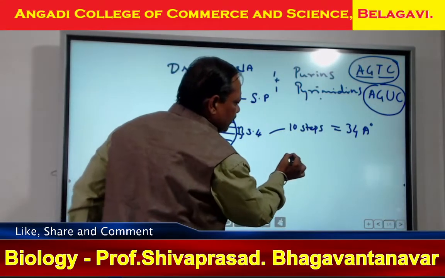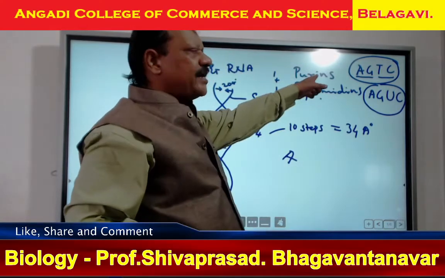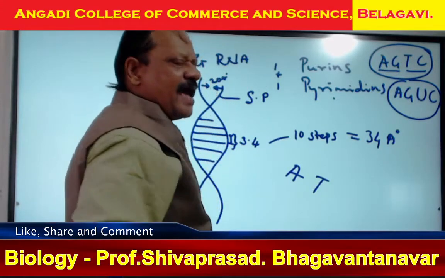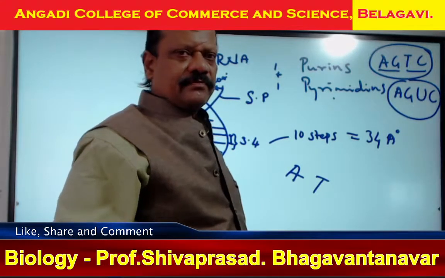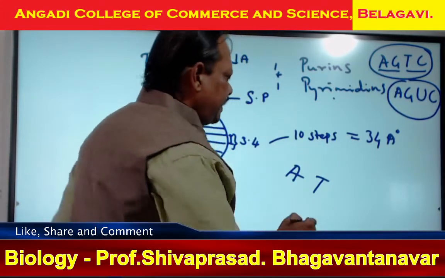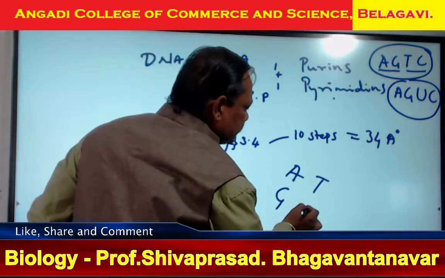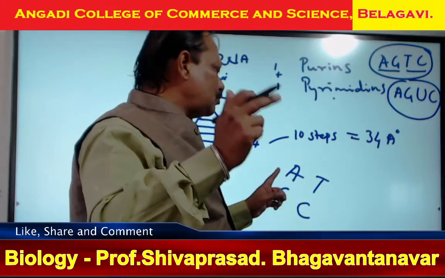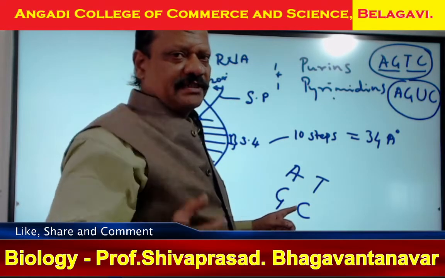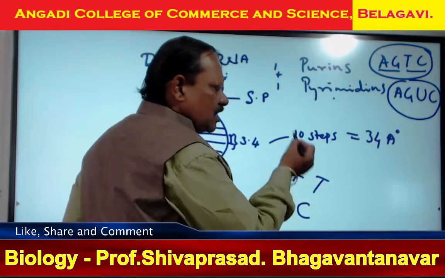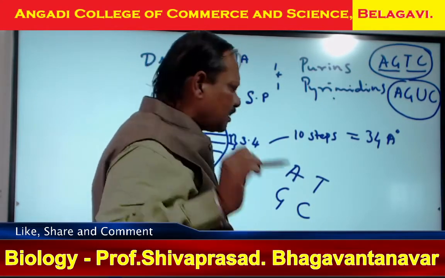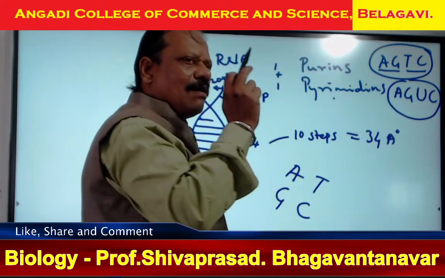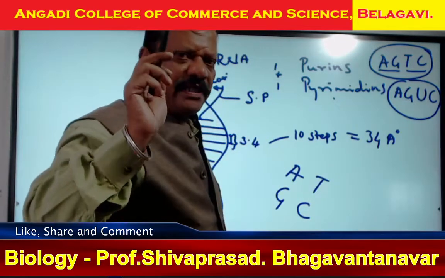In this case, A is a purine, T is a pyrimidine, so A has to combine with T. Then G is a purine and C is a pyrimidine, so G has to combine with C, or C with G, and not otherwise. Here A does not combine with C or G. T does not combine with G or C. But A has to combine with T, and G has to combine with C.